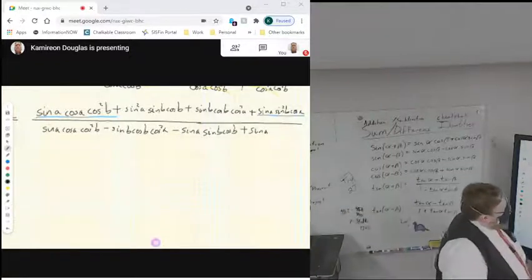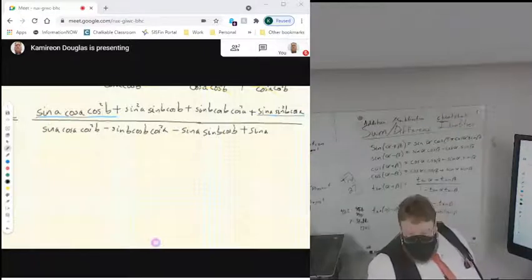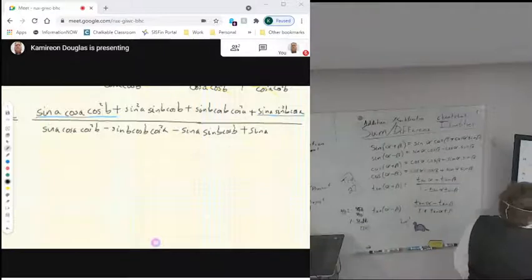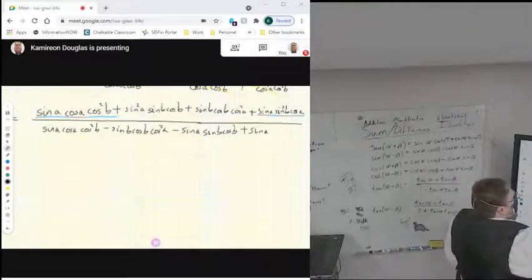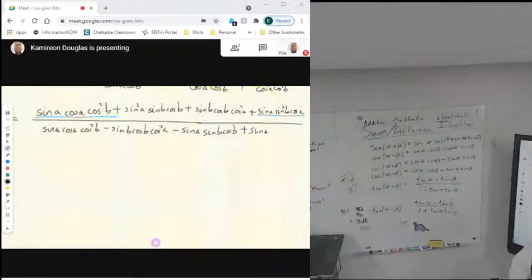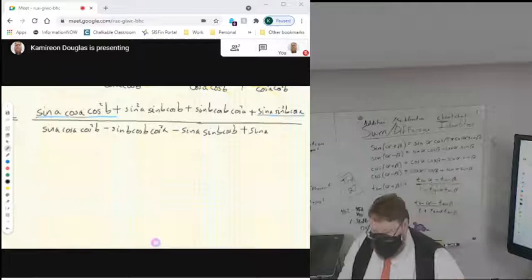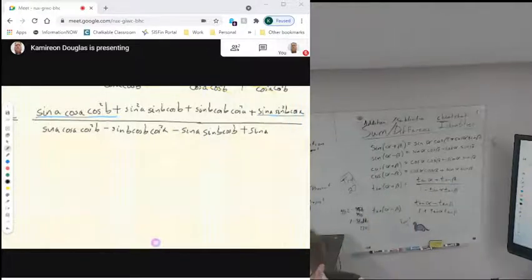Alright, ready? So, one more time. We got sine A, cosine A, and then a bunch of other stuff. We got sine A, cosine A, and a bunch of other stuff. What I will do now, I will combine these together with factoring. I will take a sine A and a cosine A out of both of them, leaving something behind in each one.